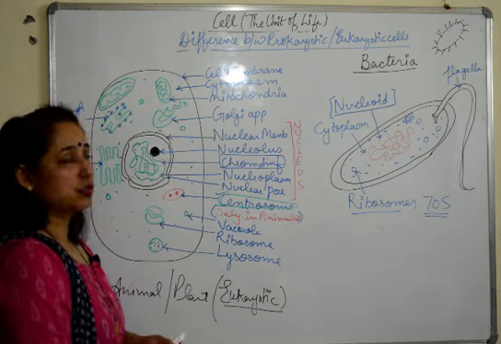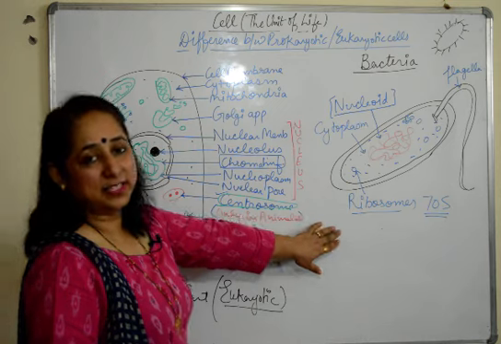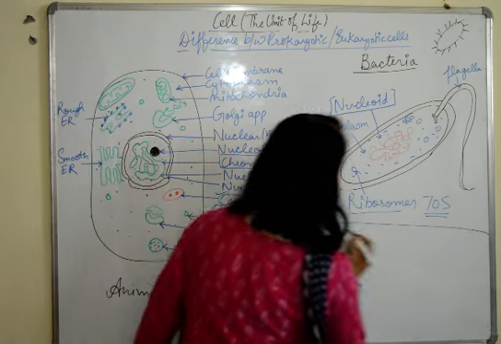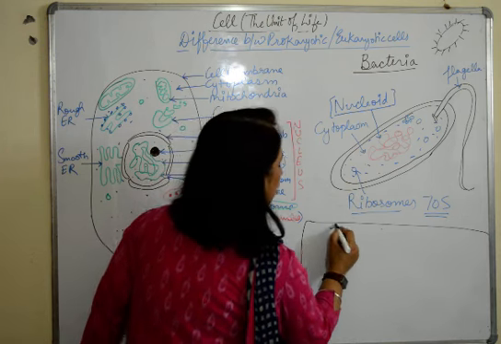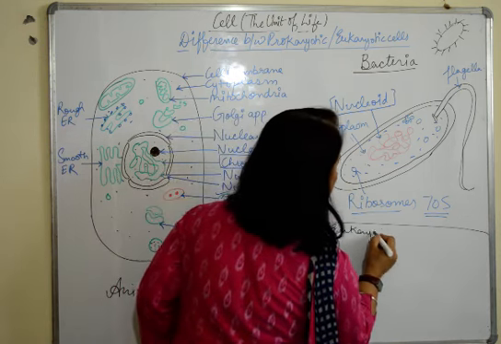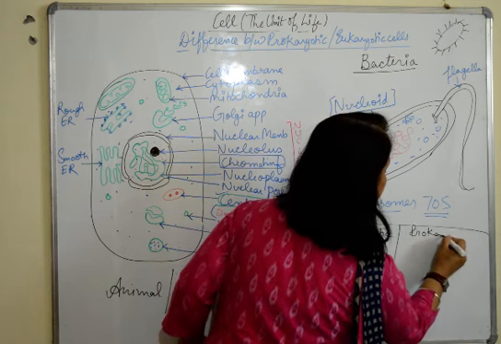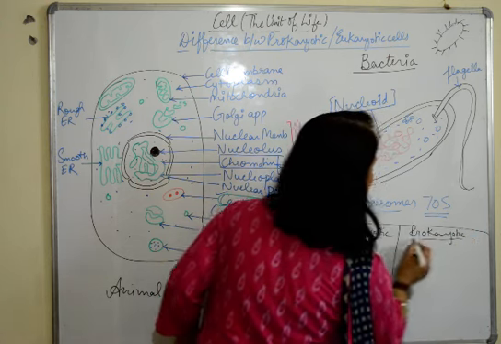So if you see the structure and try to write the differences, if I may just use this space, I'll quickly jot down the differences. So eukaryotic and prokaryotic. So what do we have here?